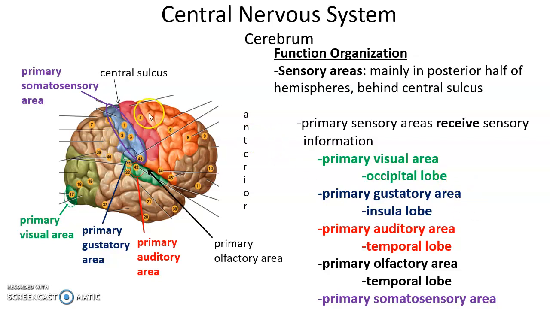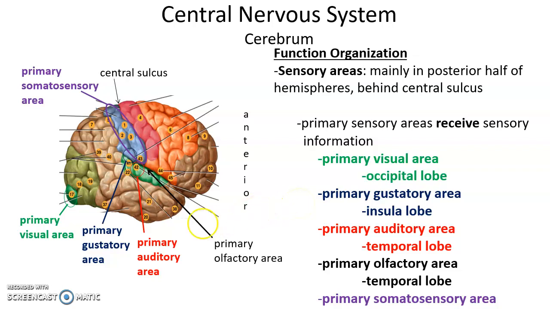So there are many sensory areas within the cerebrum where the sensation arrives. The sensory information arrives for different sensations. They are primarily in the posterior or back portion of the cerebrum. So they include the primary visual area found in the occipital lobe. We have the primary gustatory area found in the insula, which we can't see on the surface.